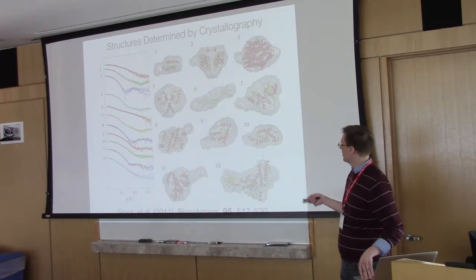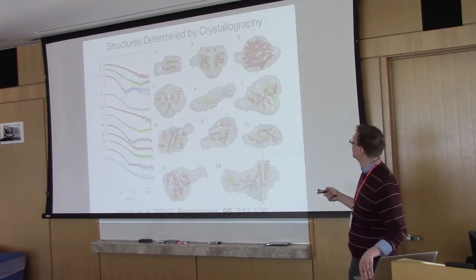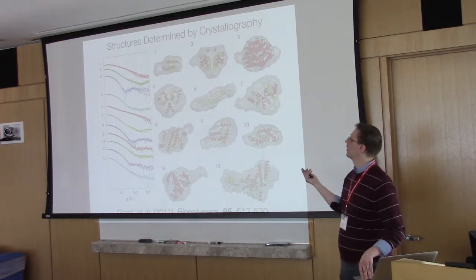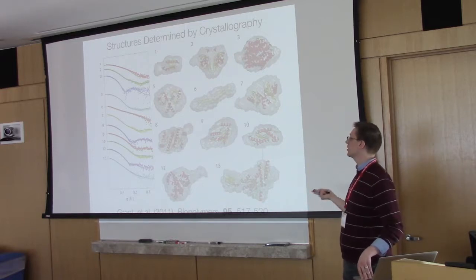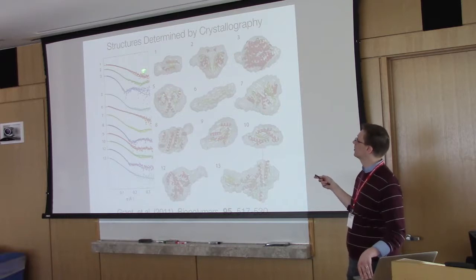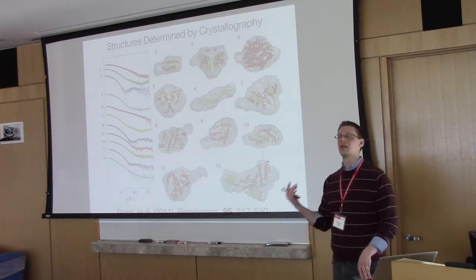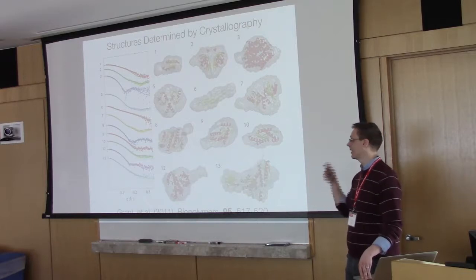You can see that in general, for the most part, it got pretty good reconstructions, in that the shapes are reflective of the low resolution structures of the proteins. There are a few cases where there are some extra blobs, and so immediately you ask, is it aggregation, or is it actually some extra density there?